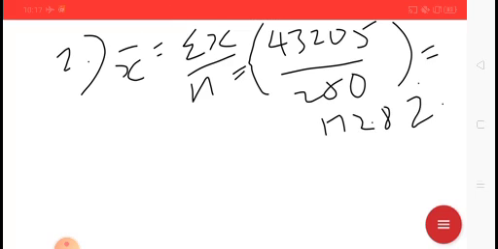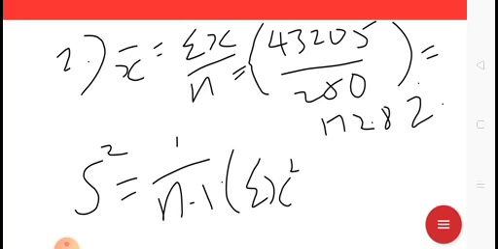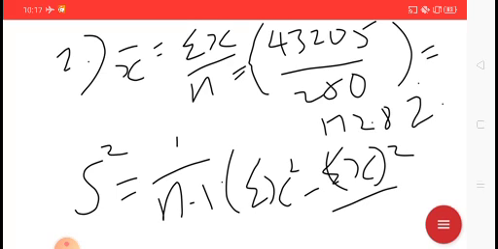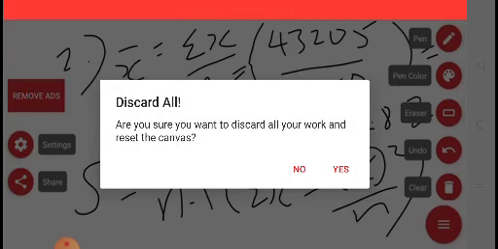Once you've done the mean, you can estimate the standard deviation. Same thing: put it as a habit. If you're not sure, every time you want to start, write the formula first, then you start the calculation. So this is the unbiased sample variance formula. Once you have this formula, you can continue.